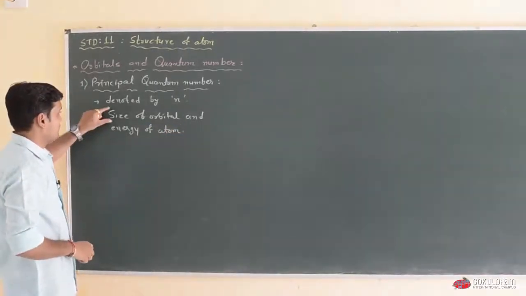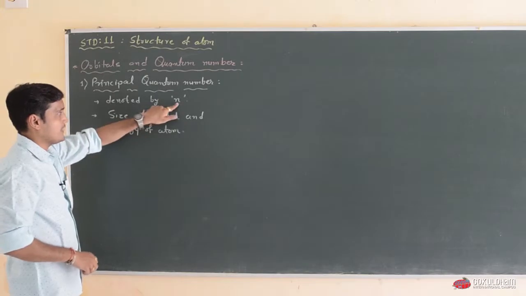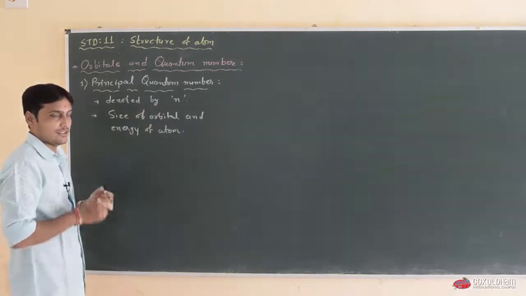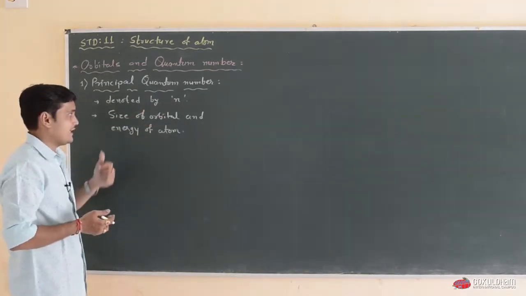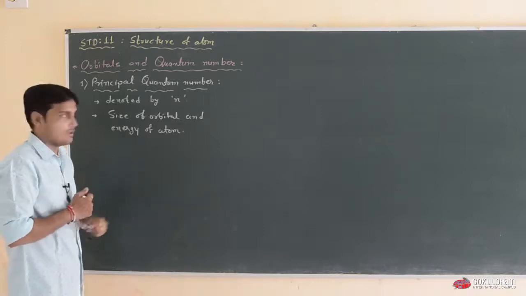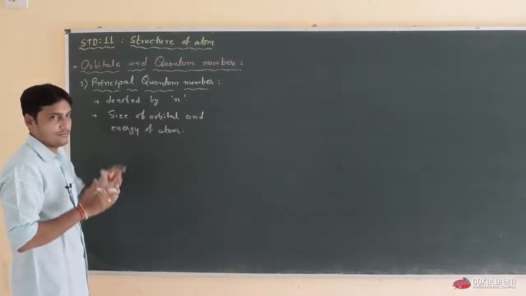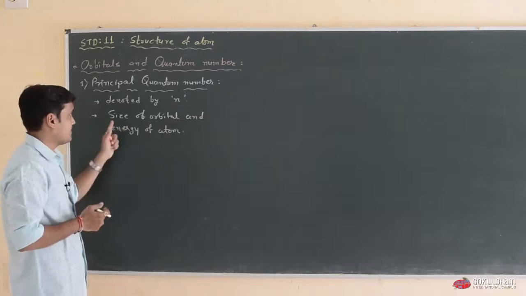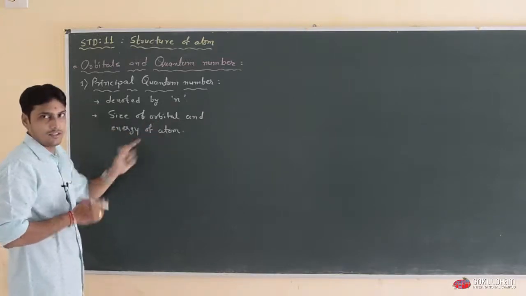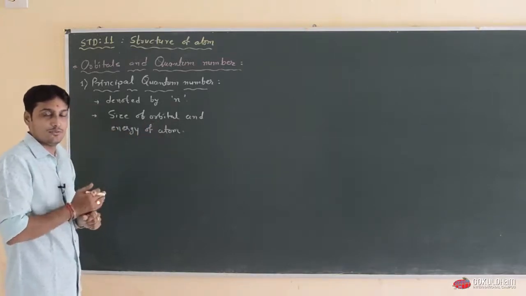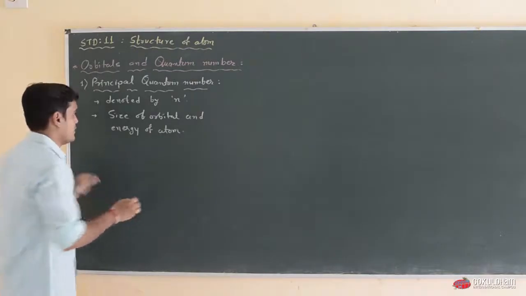We can say that when n is large, the size of the atom is big and the energy is low, and when the value of n is very small, the size of the orbital is very small and the attraction force is very high.